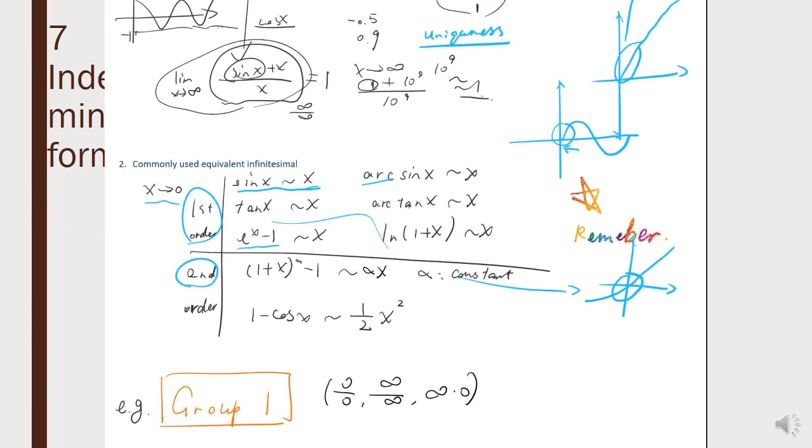It is correct, because at this point it is 5, at this point it is 7, and at this point it is even lower than 5. So the function's value is within a certain range, and we can say it is locally bounded. Okay, so how can we prove this?